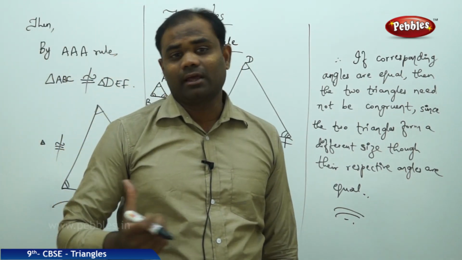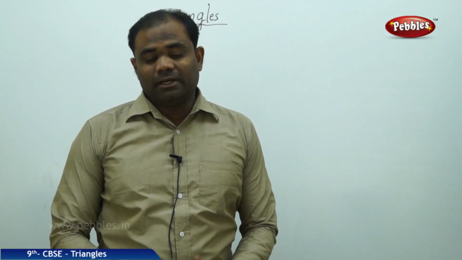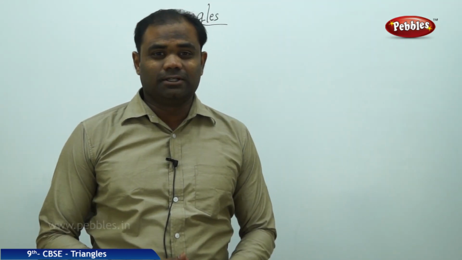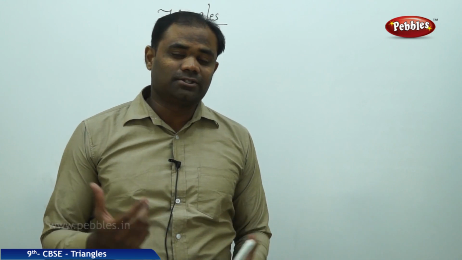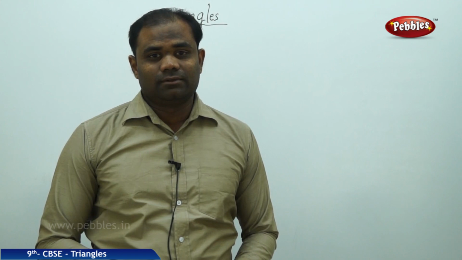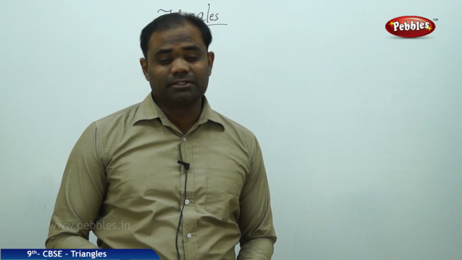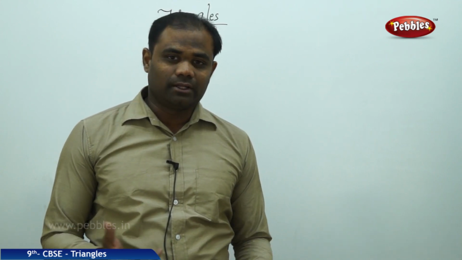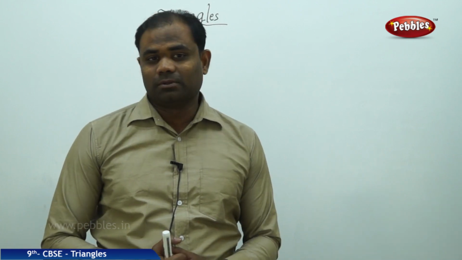Angle, angle, angle rule. Now that we have learnt about congruency rules connected with congruency of two triangles, let's apply the rules in real life. Today's session is about applications of congruency rules in solving mathematical problems.